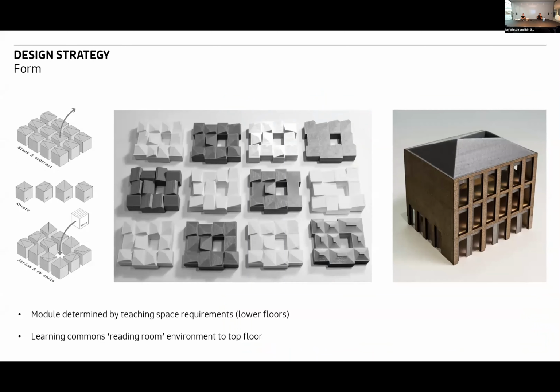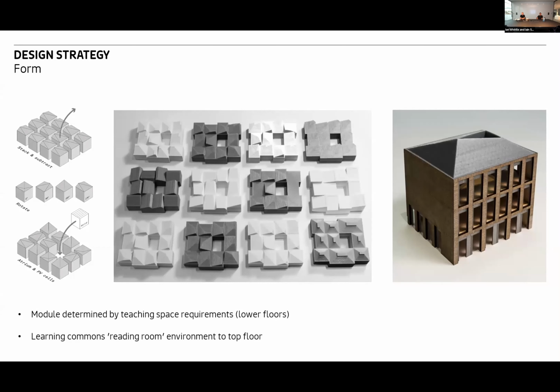So in terms of the form of the building, the focus of the architectural strategy was really in developing a building which responded to all of those contextual constraints, but also enabled the quite a wide range of functions that the building needed to provide.